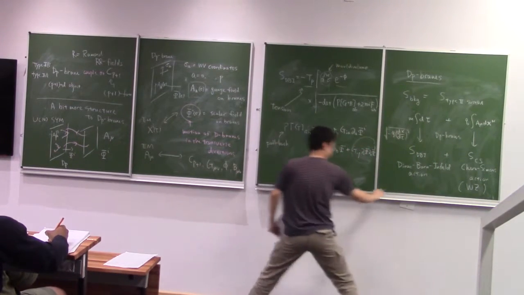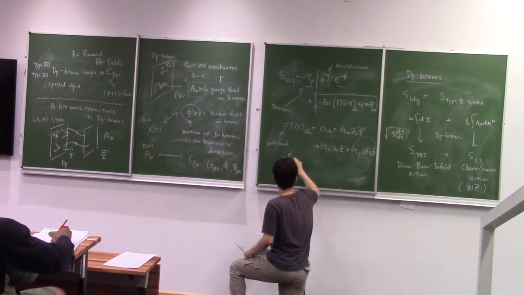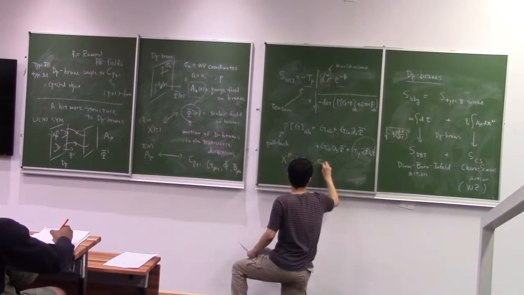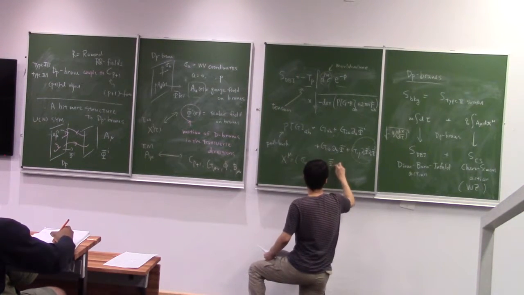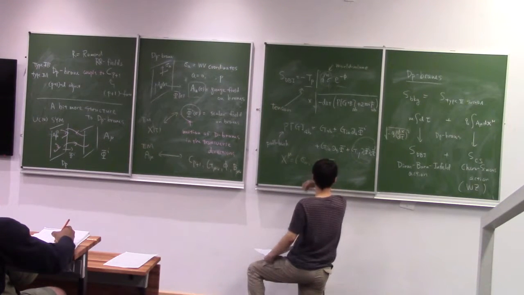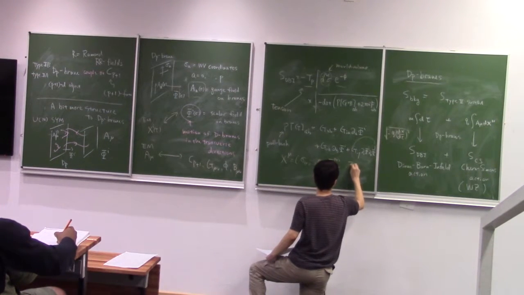Okay, let me introduce x mu, which is sigma 0 and sigma b, and phi, let's say, p plus 2 through phi 10.